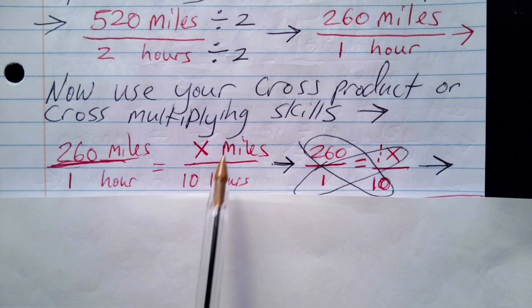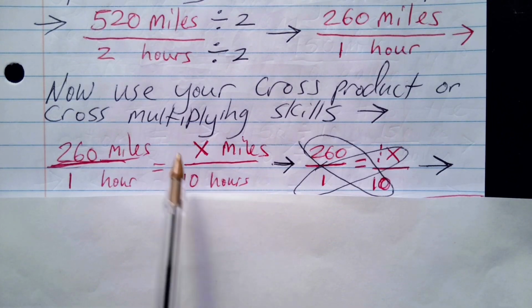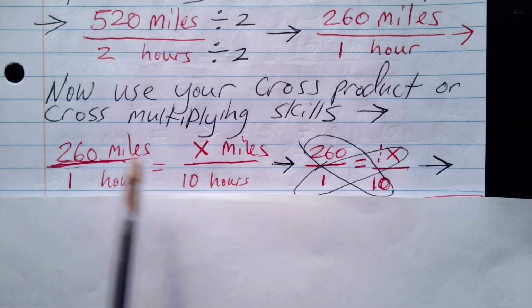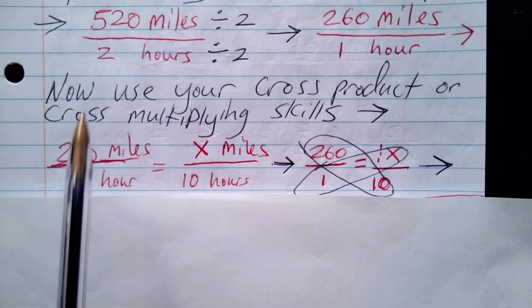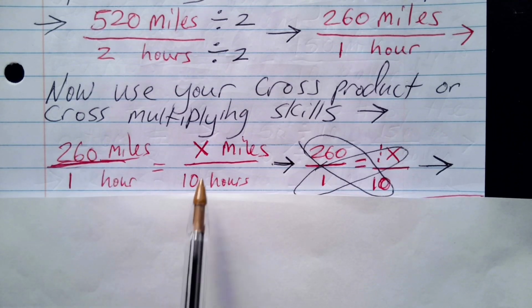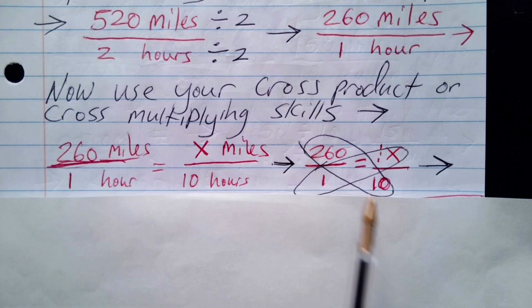I don't know how many miles. I'm going to pretend I don't know. I know I said it earlier, but I'm going to pretend I don't know how many miles we can travel in 10 hours. So you perform a cross product after you've converted into your unit rates. So 260 times 10, 1 times x gives you what you see here.